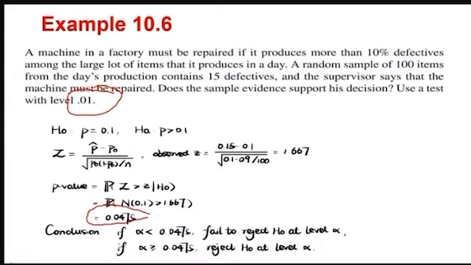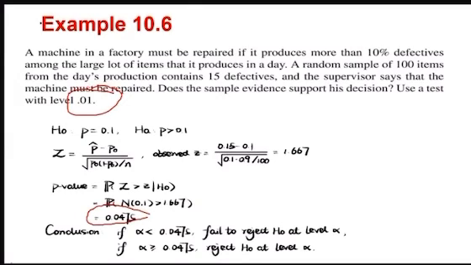So like I said, when the p-value is less than alpha we reject. Sorry, here the p-value is greater than alpha.